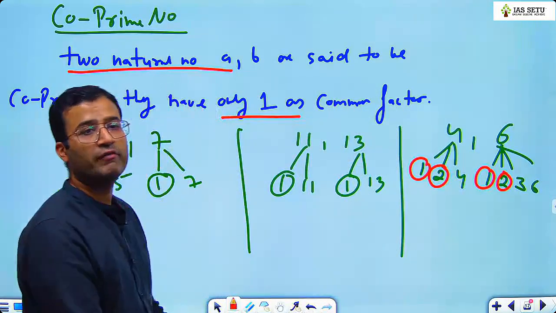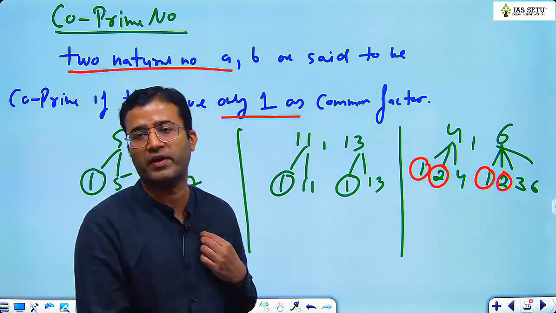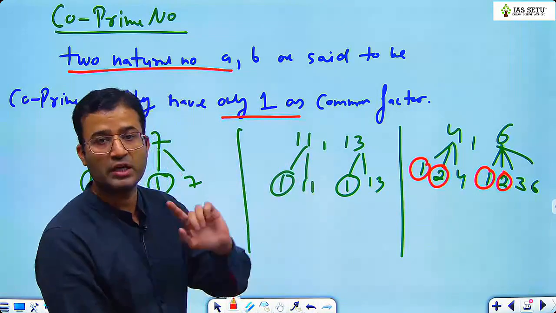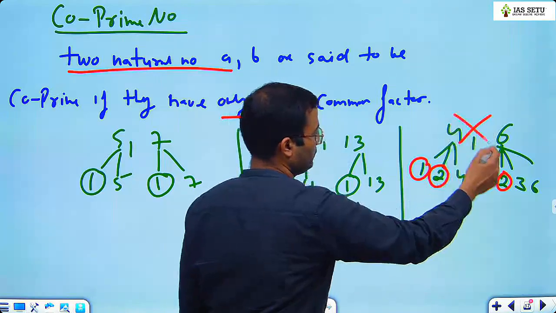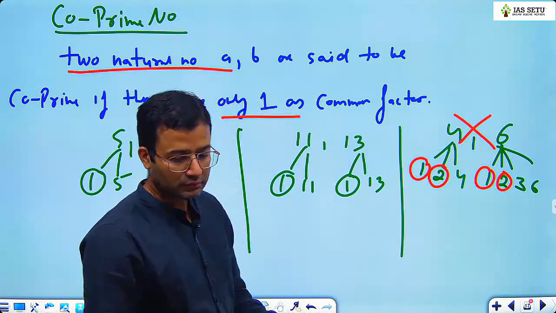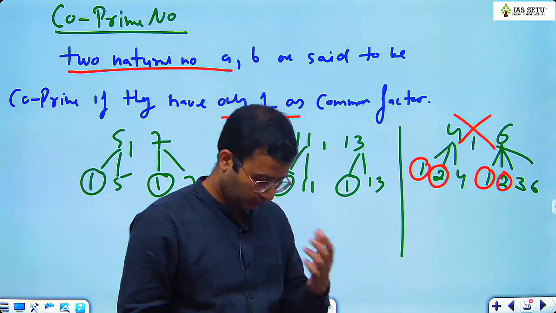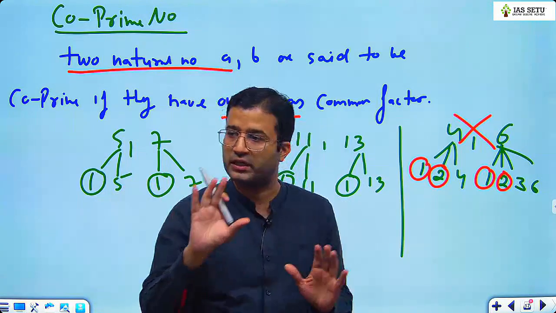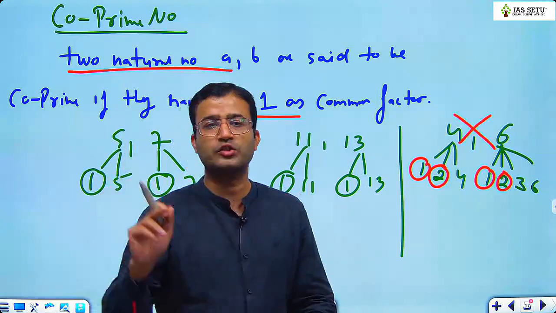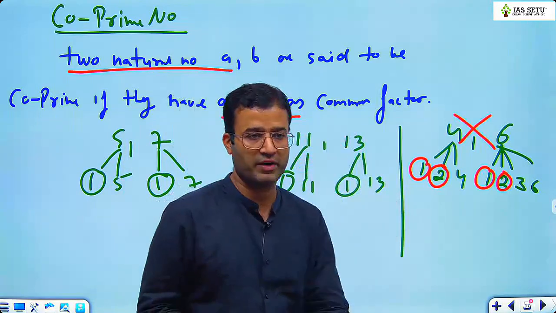Since they don't have only 1 as a common factor, they are having 2 also as a common factor. 4 and 6 are not co-prime to each other. पहले ये चीज क्लियर, स्टेप बाय स्टेप चलेंगे. Definition is two natural numbers are said to be co-prime if they have only one as a common factor.